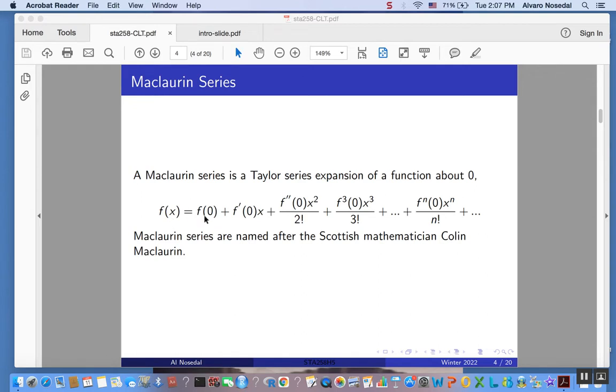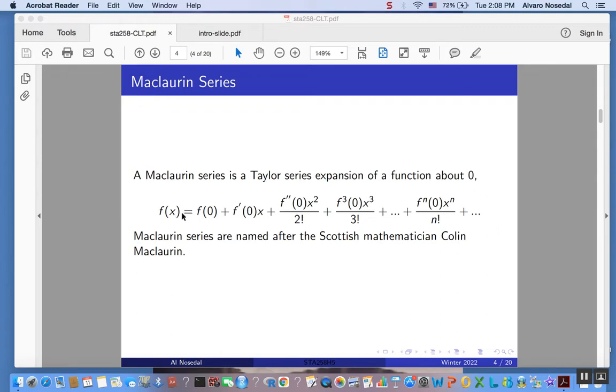The function evaluated at 0, f at 0, plus the first derivative, f prime at 0, times x, plus f double prime evaluated at 0 divided by 2 factorial times x squared, and so on. F triple prime evaluated at 0 times x cubed divided by 3 factorial, and so on, right? And you keep going.